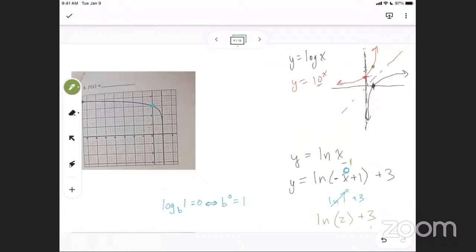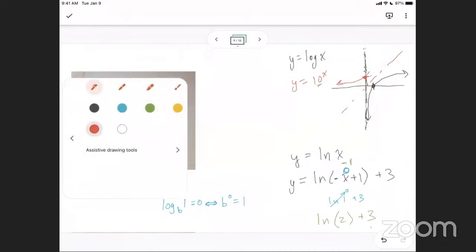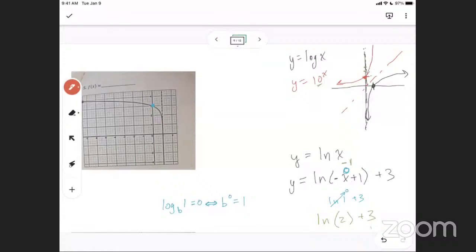So if it was 10, it would actually be more steep than this. This red graph would be a lot more steep. So right here, that point would be (1, 10). Do you follow what I'm saying? So when I plug in 1 here, I'm going to get 10.